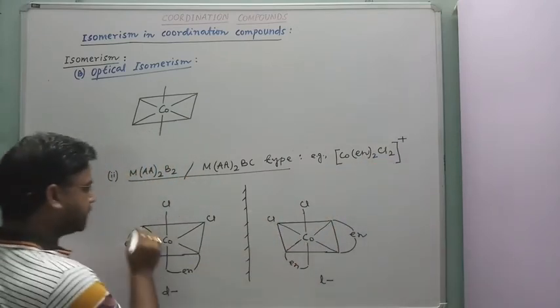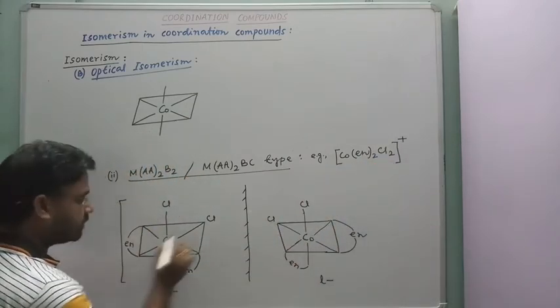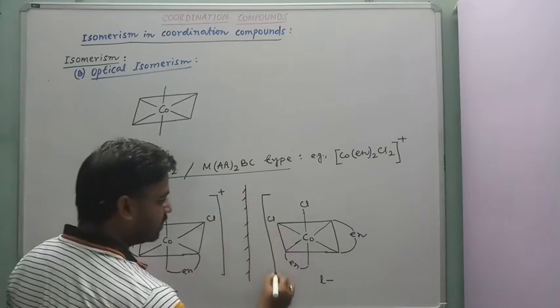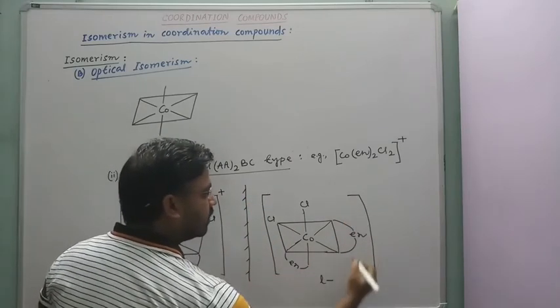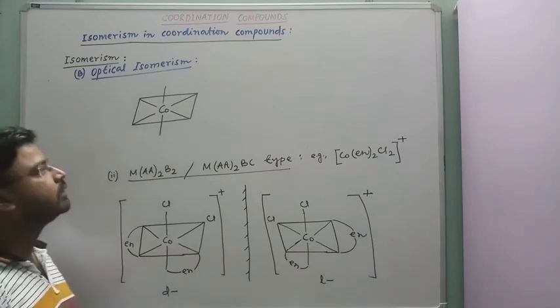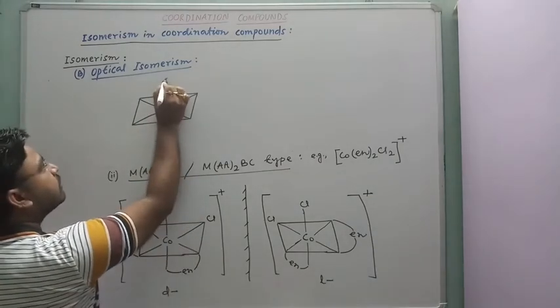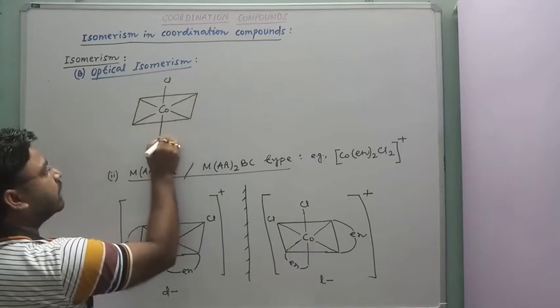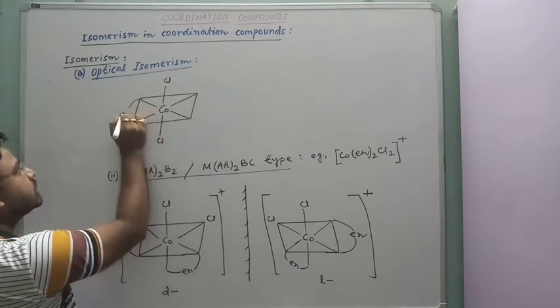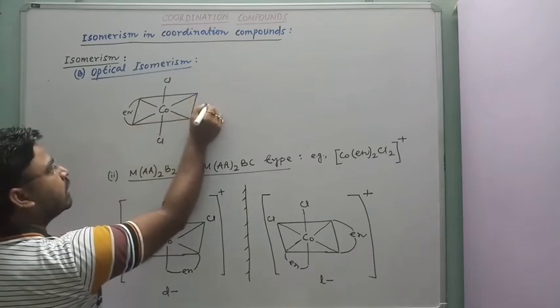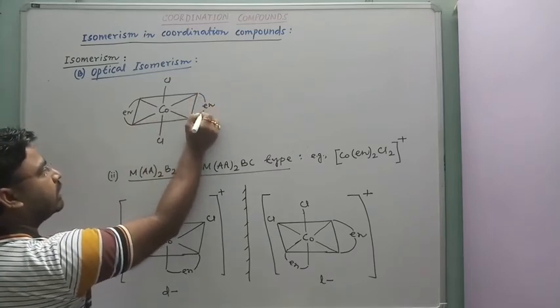This is total positive charge. You have to give it here like this, positive. Similarly, for the trans form, one chlorine here, another chlorine here, and in these 2 positions en, and in these 2 positions another ethylene diamine.